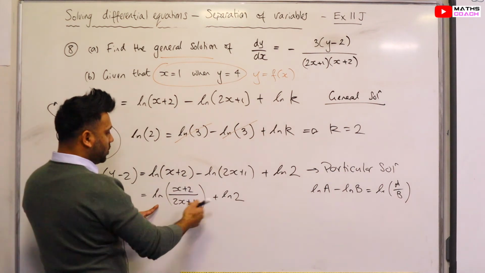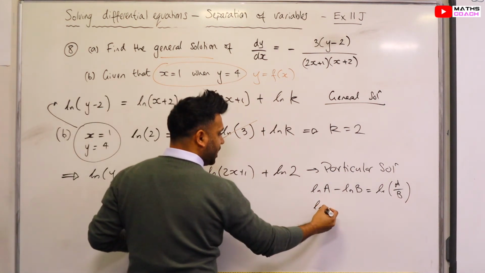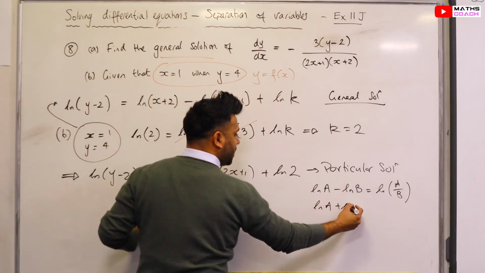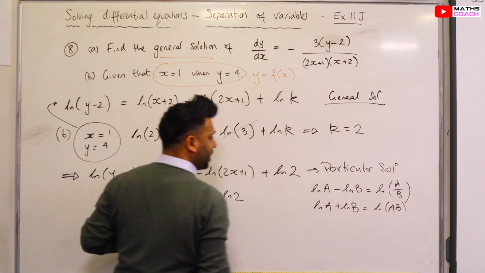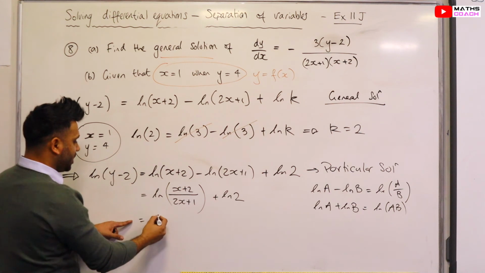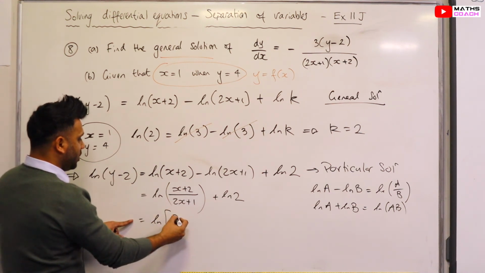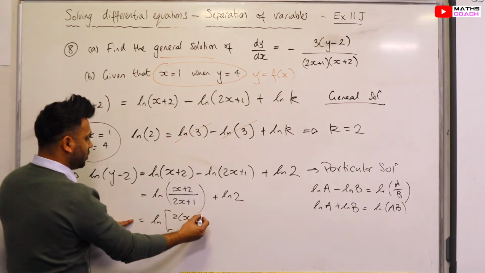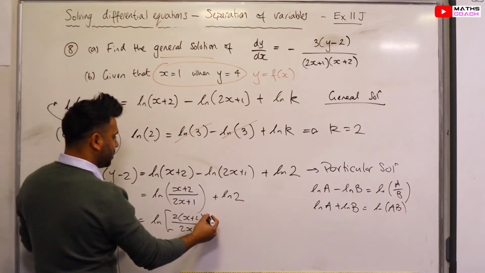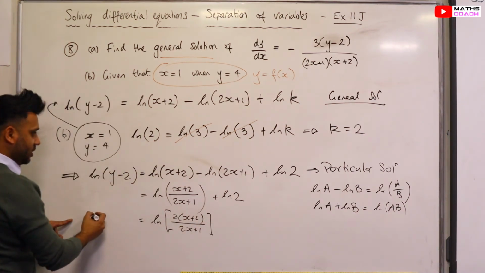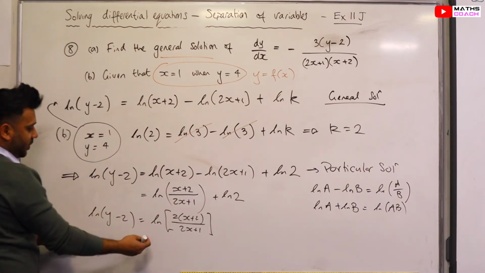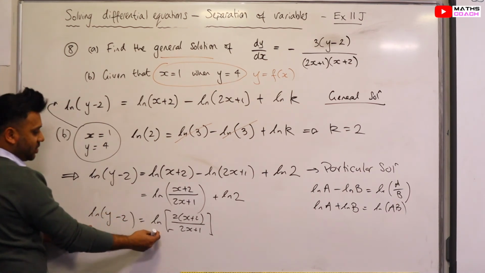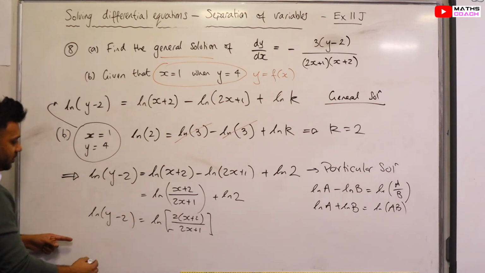Now we have two ln's added together, so ln a plus ln b. The rule is that we get ln of a multiplied by b. So here we can rewrite this as the ln of 2 bracket x plus 2 all over 2x plus 1. And the left-hand side is ln of y minus 2. Now we have both sides as single ln terms, so we can exponentiate both sides to cancel off the ln's.